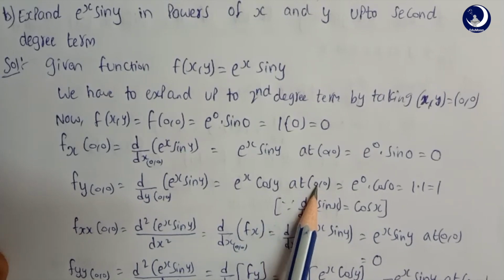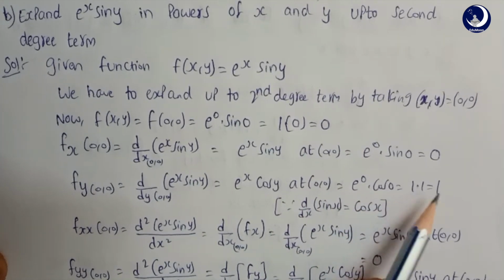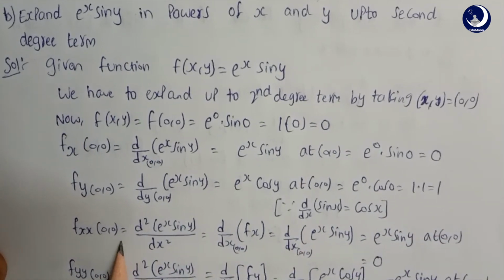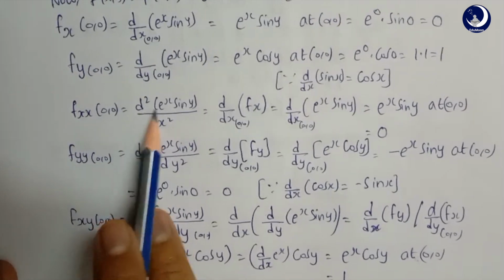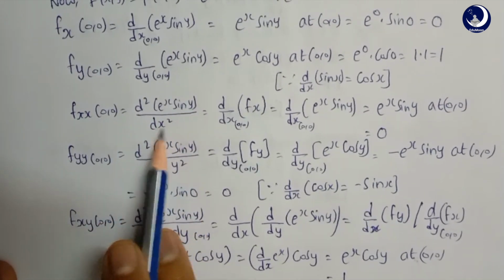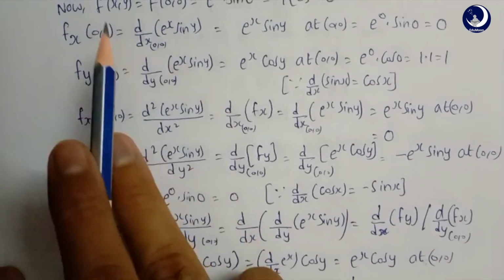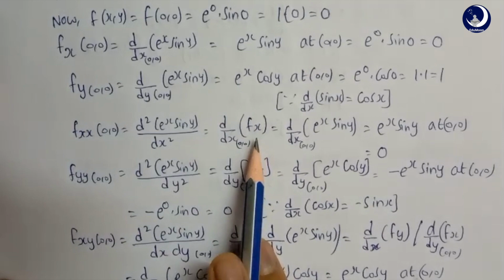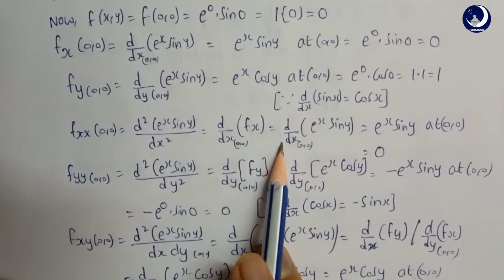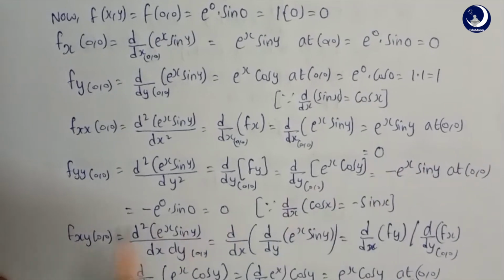At (0, 0) we get 1 into 1 equal to 1, since cos 0 equals 1. Then fxx means double differentiating e power x sin y with respect to x, that is d by dx of fx. By solving this again we get e power x sin y, which at (0, 0) is 0.